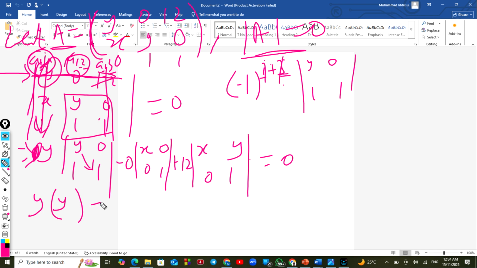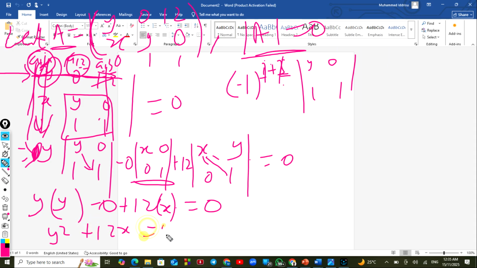Minus 0 multiplying anything is just 0, plus 12 multiplying 1 times x, which is x, minus 0 times y, which is also 0. So you have y squared plus 12x is equal to 0.